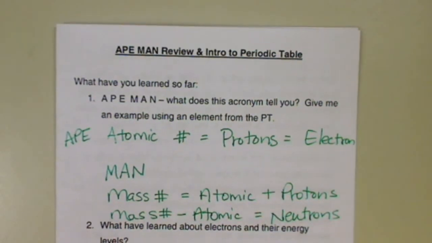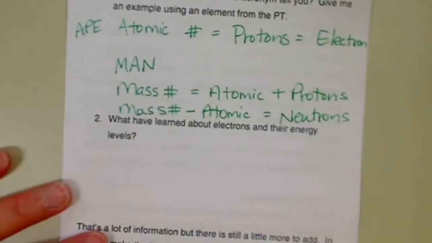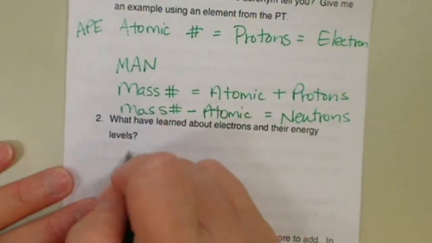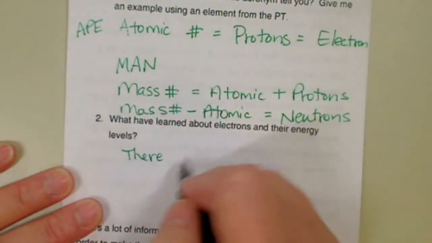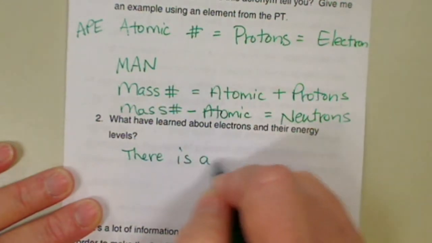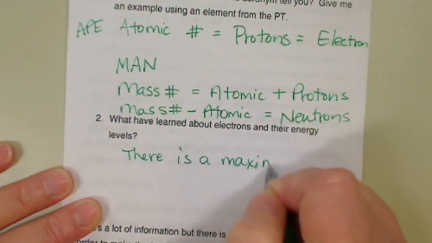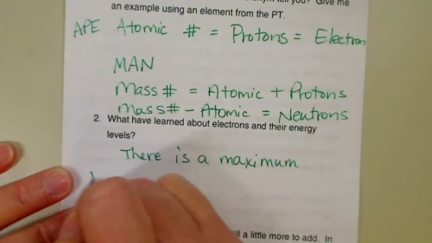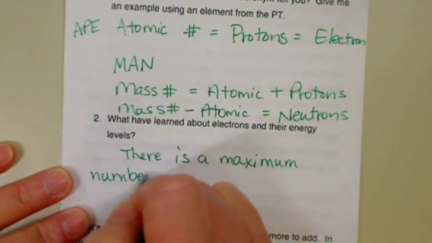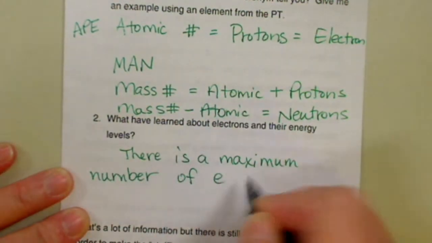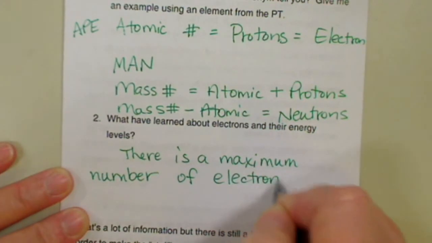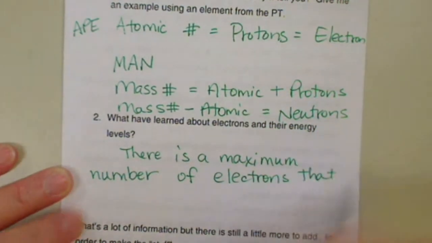What we've learned about electrons and their energy levels so far is that there is a maximum number of electrons that can be in each energy level.